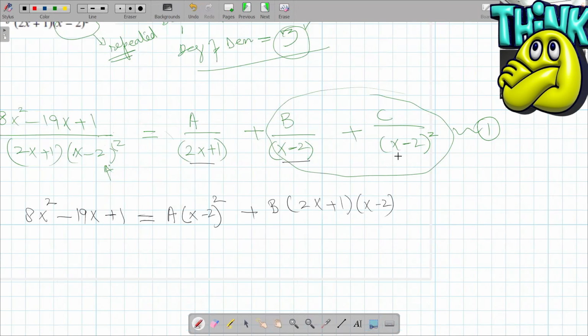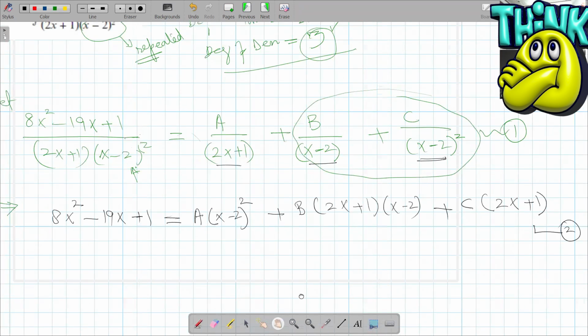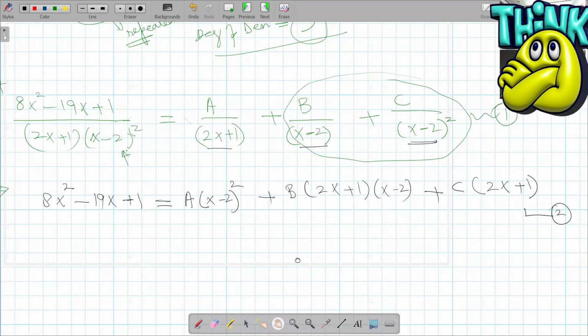Similarly, x minus 2 squared will be cancelled, and what will be left with c after multiplication? Only 2x plus 1. You got that point? So that's equation 2.